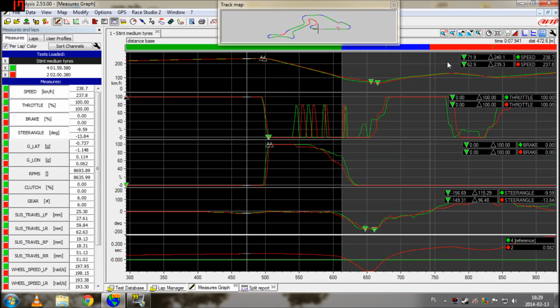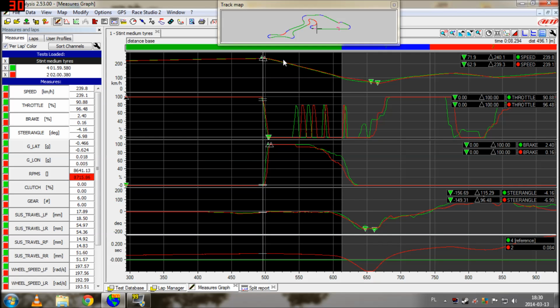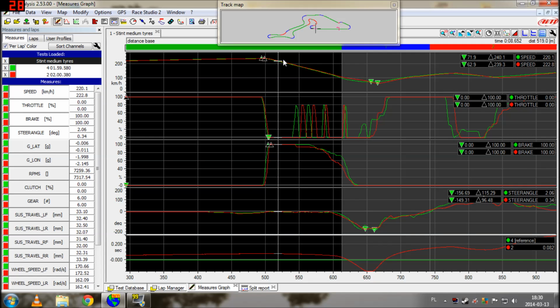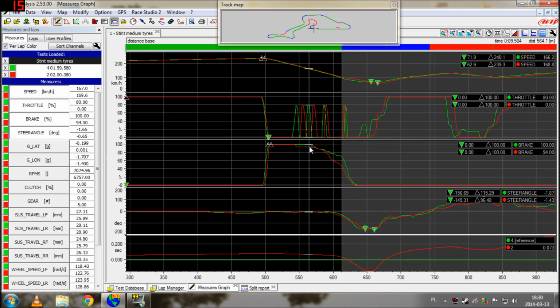Before braking, I was slightly quicker on the green lap, roughly 1 km/h. And what happens? I start braking earlier on the green lap, which is obvious, so after braking I carry more speed on the red lap. And look that I'm longer at full brake on the green lap. And what happens? The gap goes down.